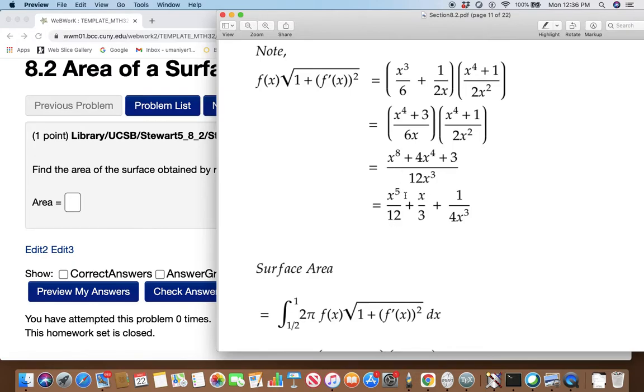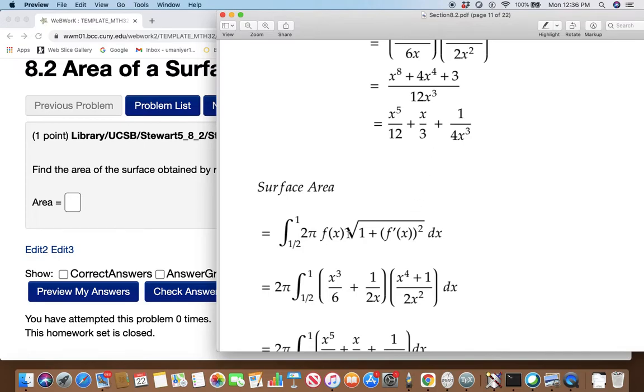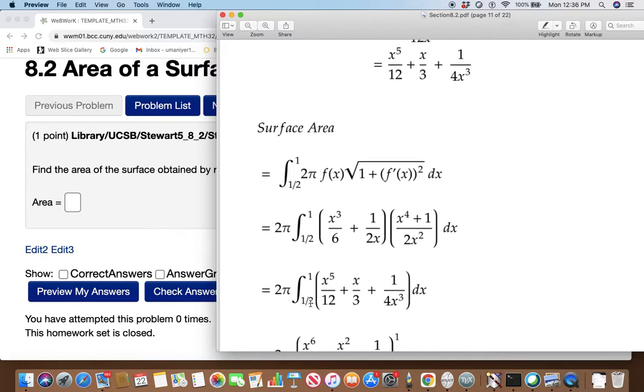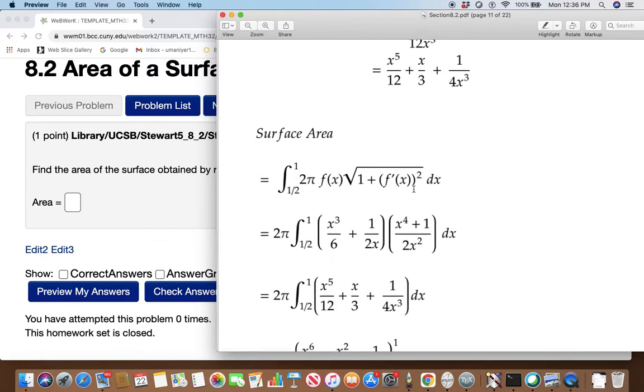So basically, this is the expression you get, and now you're ready to take the integration. Integration is from half to 1, 2 pi f square root of 1 plus f prime x squared. So 2 pi is a constant, I bring it out, half to 1 integral f(x) times square root 1 plus f prime x squared, which was this entire expression.